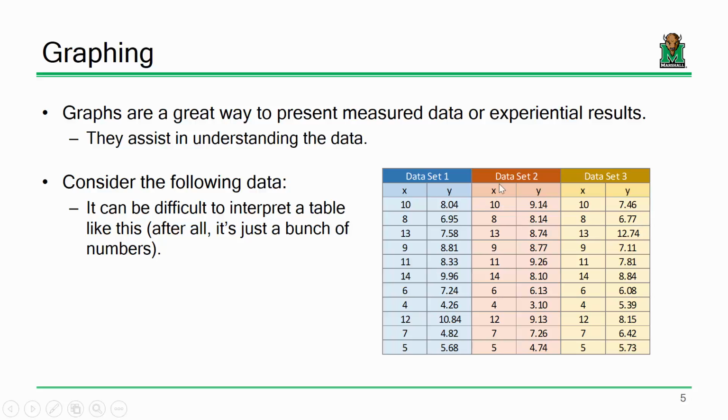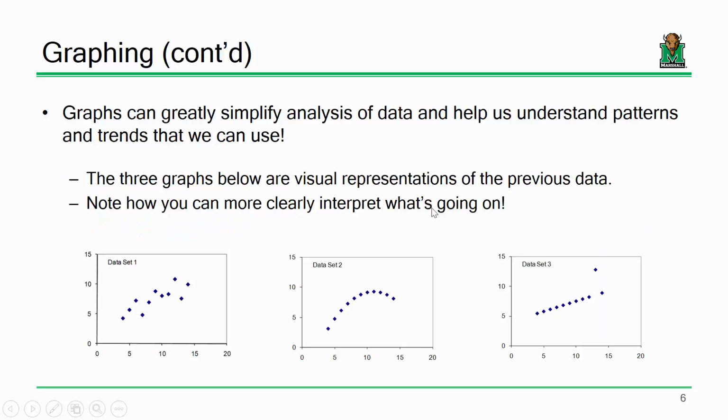So if we were to take this data and have a graphical representation, it shows that in data set 1, there seems to be a trend, but it's not a very tight trend compared to data set 2, which we can see is following a very, very clear pattern, like a parabolic distribution.